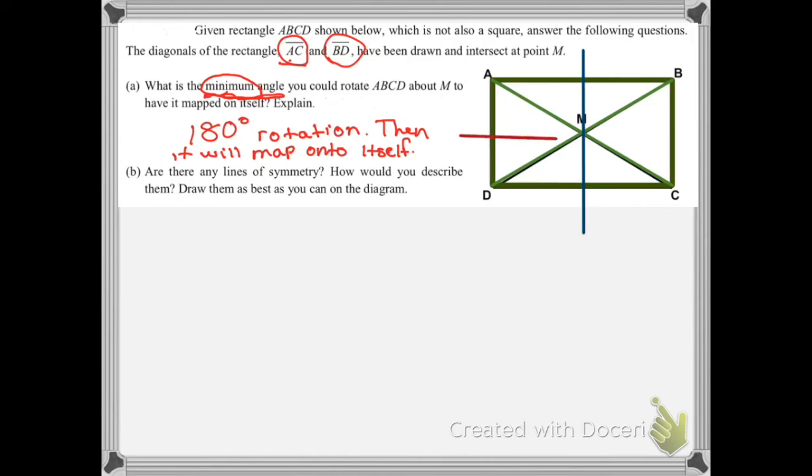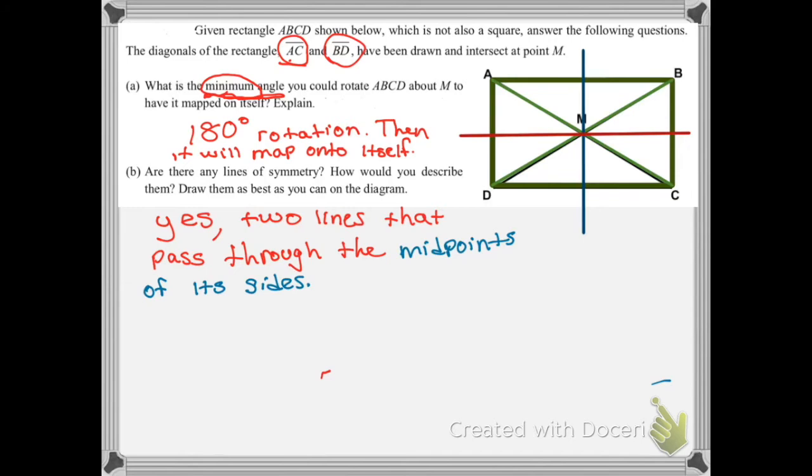Now here's another line of symmetry, that horizontal line, and it's going through where? How would I describe those two lines of symmetry? Right? So, of course, there are two lines that pass through the midpoints of its sides. Notice that this here is a midpoint. We have a midpoint here, here, and here. So these lines actually cut through the midpoints, okay?